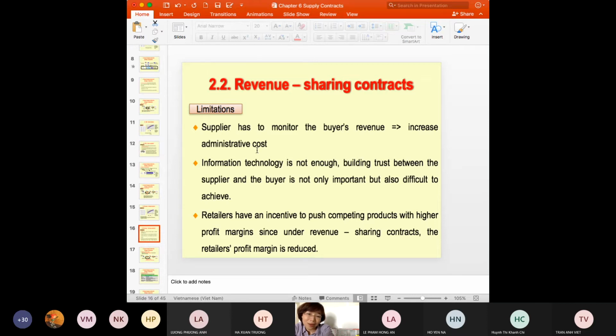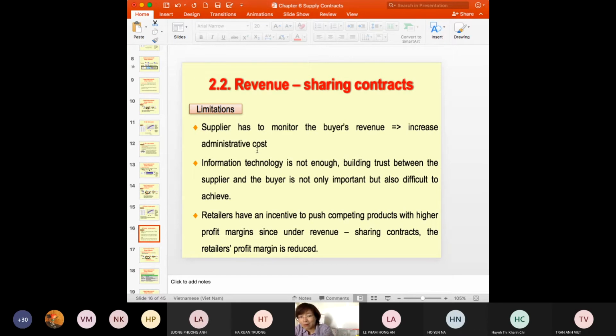So you know that the buyer is sometimes very smart. They sell more products, but they report a number lower than the real number of products they sell to the end customer. So the revenue reported to the supplier is low.